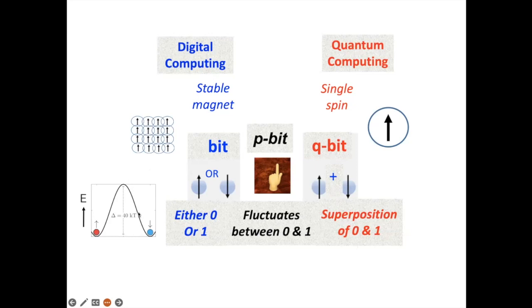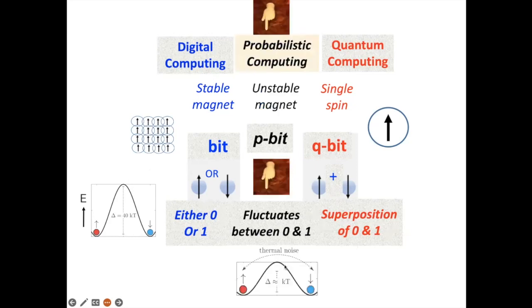What we have been arguing is that an unstable magnet would be a very good physical representation for a p-bit. Of course, just as with bits and qubits, there are many possible representations. This is just one of them, but it helps to illustrate how this concept is between a bit and a qubit.